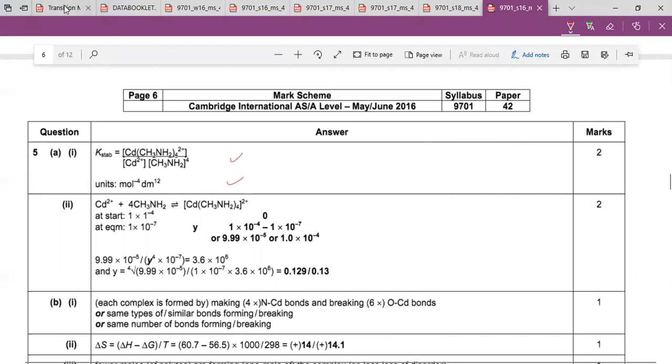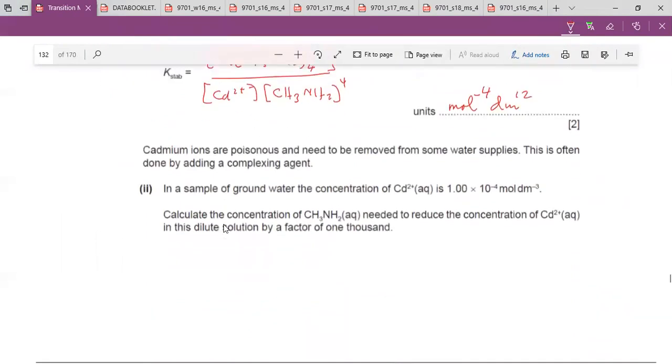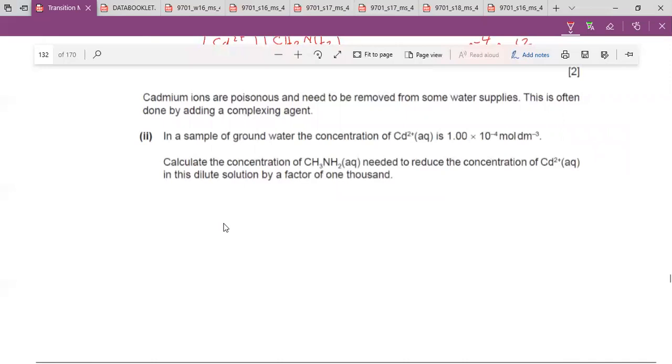And this one is quite tricky. Okay, poisonous. Cadmium ion is poisonous and needs to be removed from some water supplies. This often is done by a complexing agent, which means the agent will complex it and form a heavy solid, you will precipitate it and filter it out.